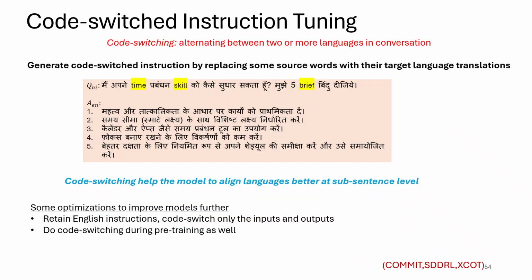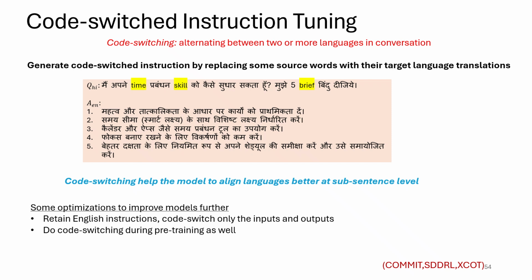Next approach is to use code-switch instruction tuning, right? So if we have some part of our instruction fine-tuning data where we replace, say, some of the words in the questions in the native language with their English equivalents, now the model is seeing code-switch data and can do good correlation across languages, right?